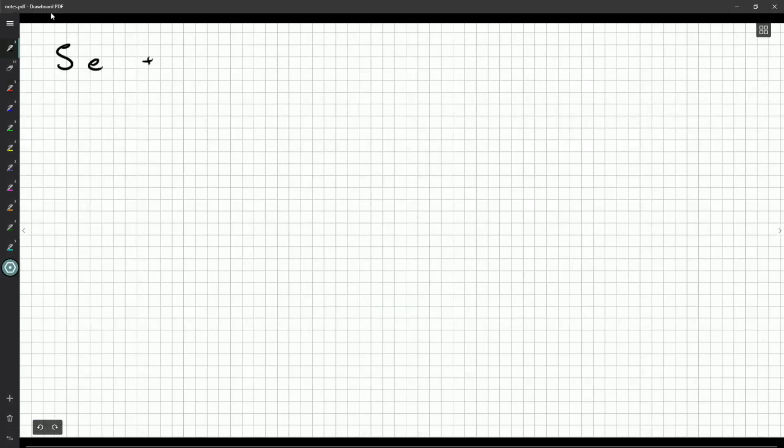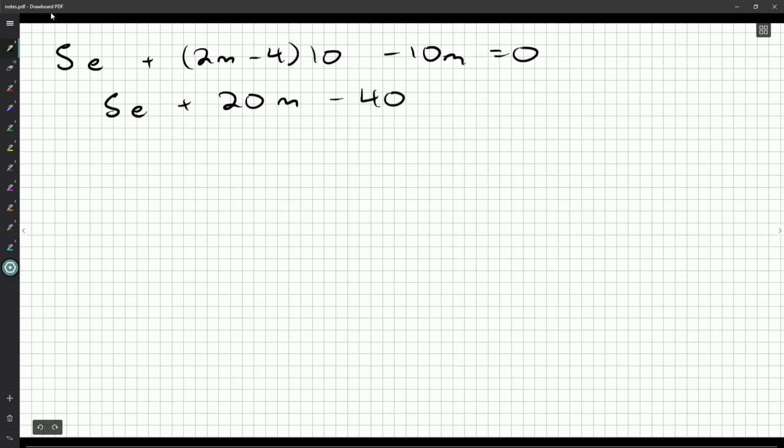So 5e plus 2m minus 4 times 10 minus 10m is equal to 0, so 5e plus 2m minus 40 minus 10m is equal to 0. Okay, so we'll keep the 5e minus 40 over here, and I'll rearrange that. I'll keep the 10m over here and bring this over as 40 minus 5e.